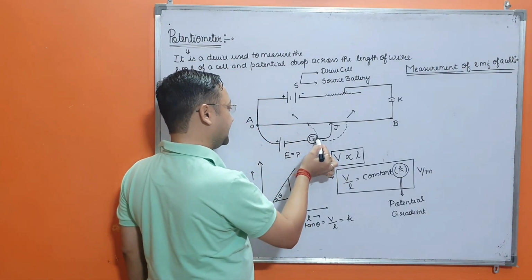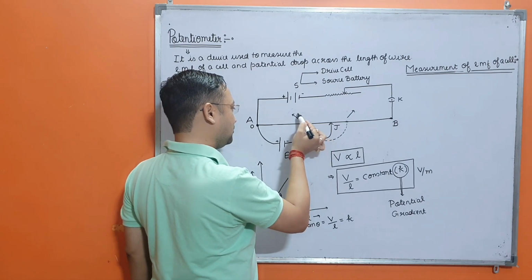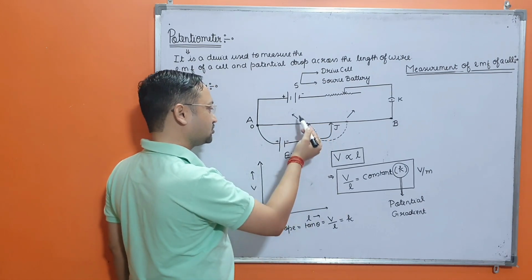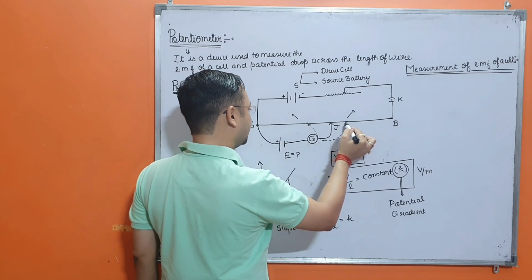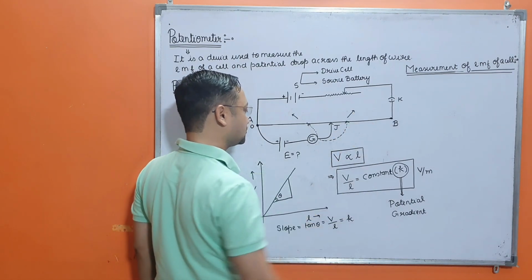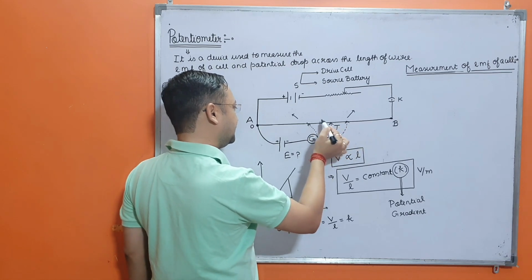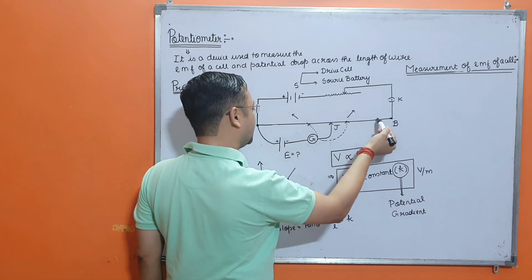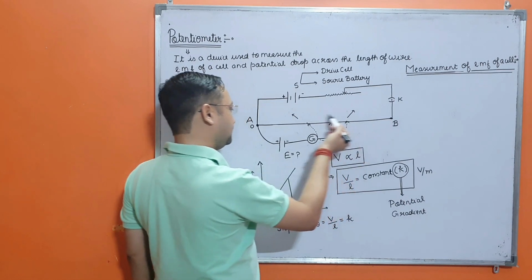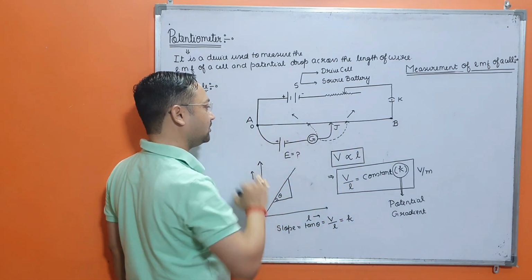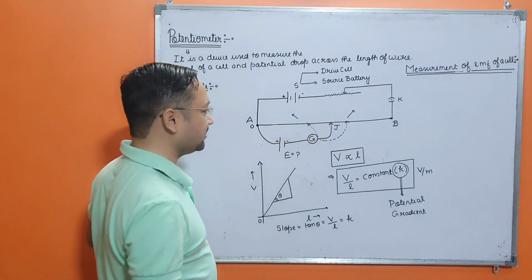During this hit and trial, you put the jockey here. If the deflection is towards left at one point, and at another point you find the deflection is towards right, it means the null point is between these two. If it is towards left, we move further. If it is towards right, we move left along the potentiometer wire.